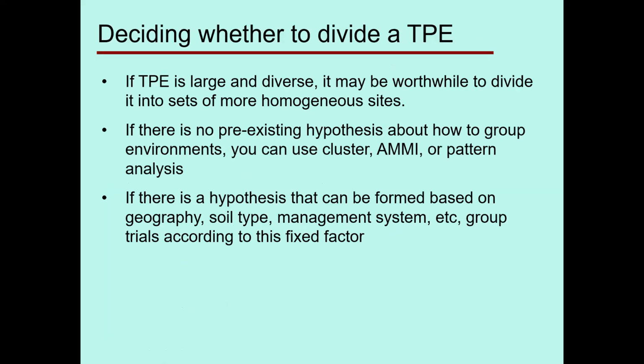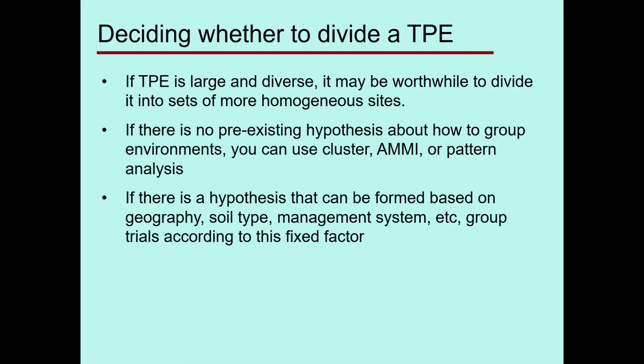If you think you have a fixed factor that you can predict before planting and that probably results in a lot of rank change among your selections, it may be worthwhile to divide your TPE into sets of more homogeneous sites.